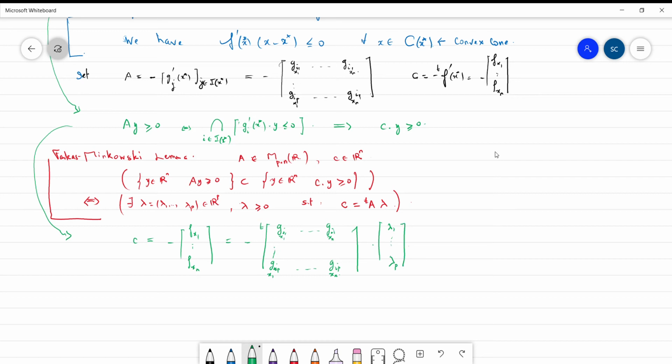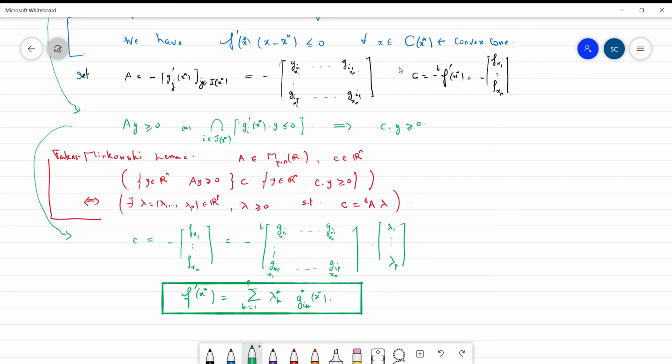That is saying that f prime of x star is equal to the sum of lambda k star g_k prime of x star, k from 1 to p. So you see how there is a connection which is much better than manipulating the directions from the cone and inequalities. Okay, so we are close now to finishing.